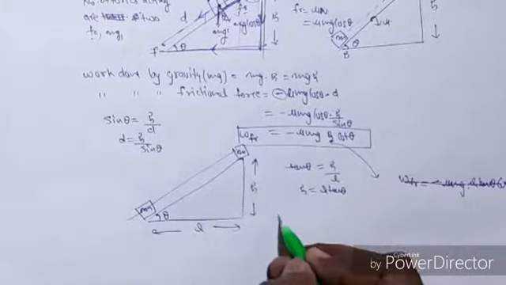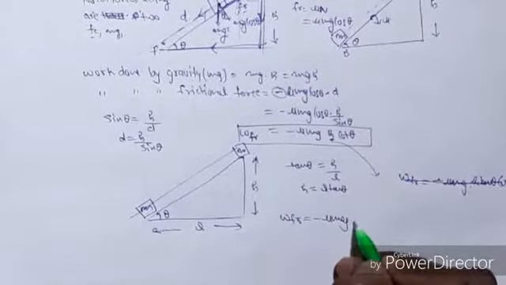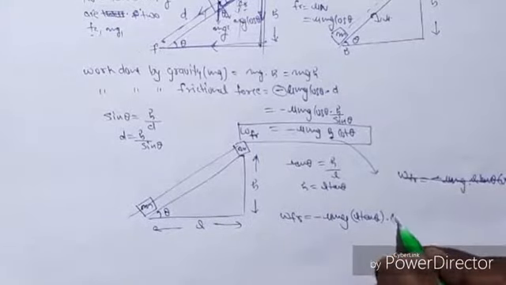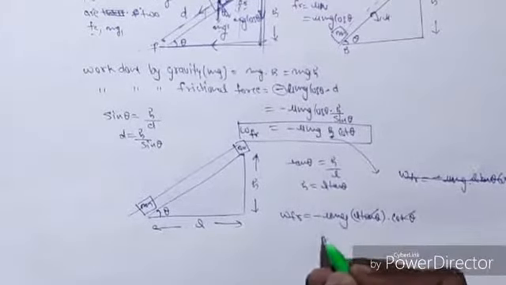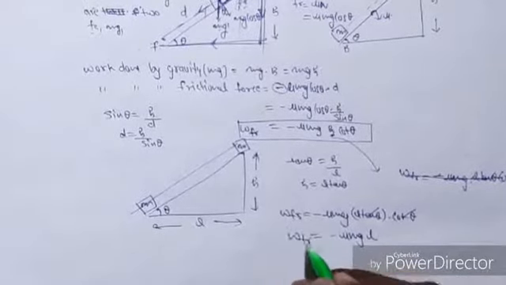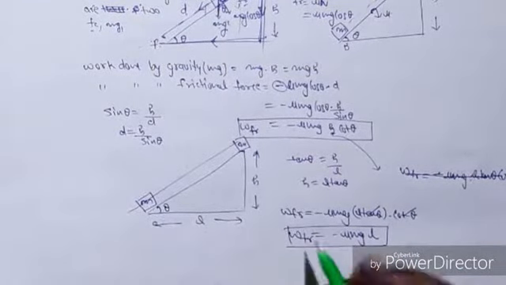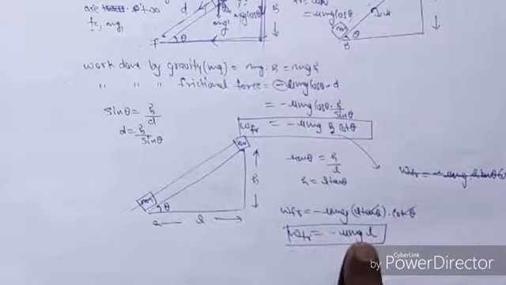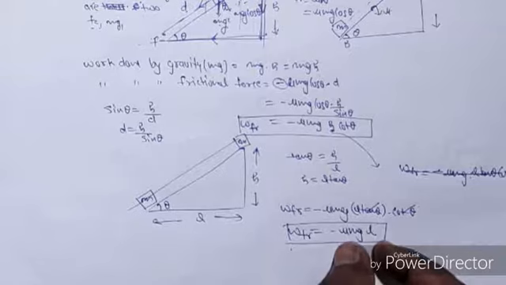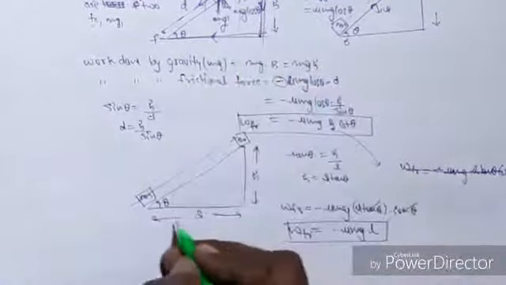So writing it separately, the work done by friction is equal to minus mu mg, and in place of h, L tan theta times cot theta. So cot theta will cancel out with tan theta, and it will be equal to mu mg times L. So the work done by friction is equal to minus mu mgL. Minus mu mg is the friction force, and L is the base length of the wedge.